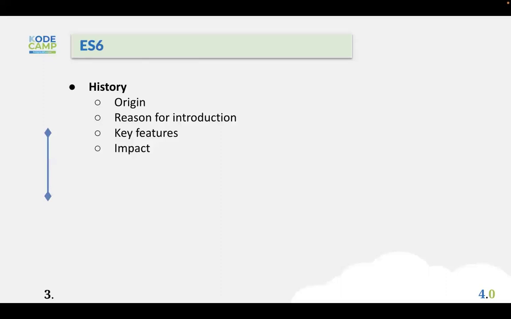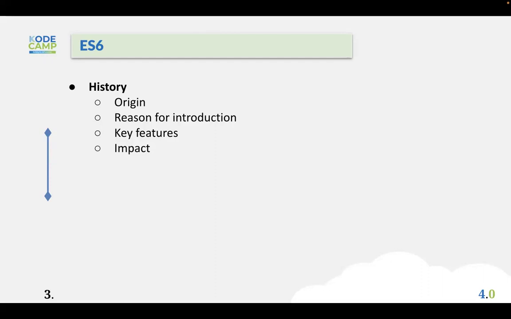So the reasons for introduction, why they introduced ES6, are simply because the early versions of JavaScript had some limitations that made it difficult to write complex JavaScript applications. JavaScript, for instance, lacked features like classes, modules, and arrow functions.